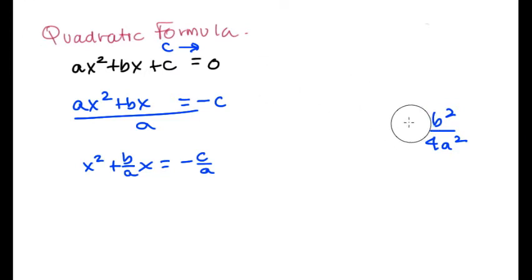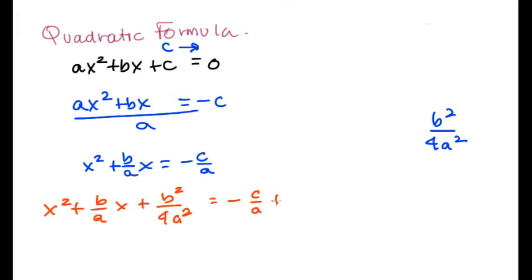So we're going to add that to both sides. So what we're going to get is something like this: x squared plus b over a x plus b squared over 4a squared is equal to negative c over a plus b squared over 4a squared.